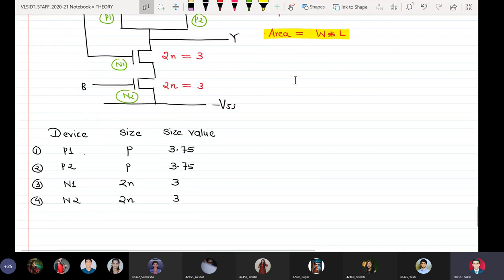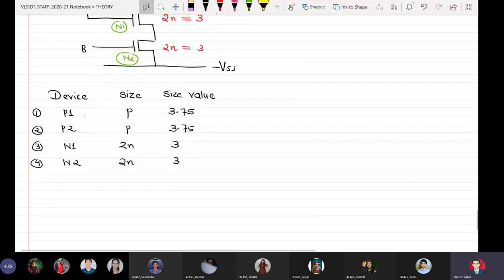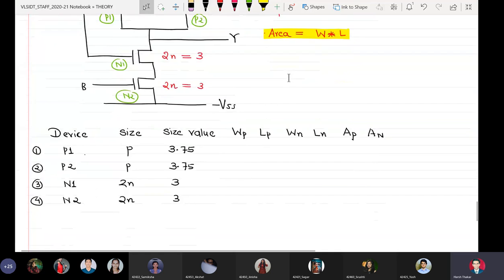Here we will write down some more columns: width of PMOS, length of PMOS, width of NMOS, length of NMOS, area of PMOS, area of NMOS, and the summation of the areas of all 4 MOSFETs is called the on-chip area.